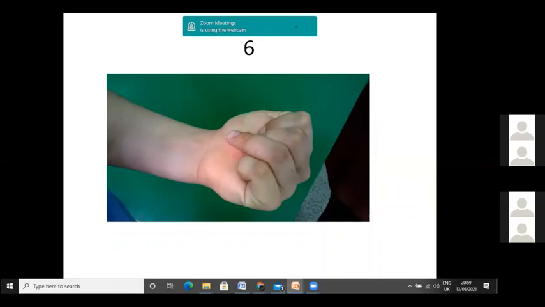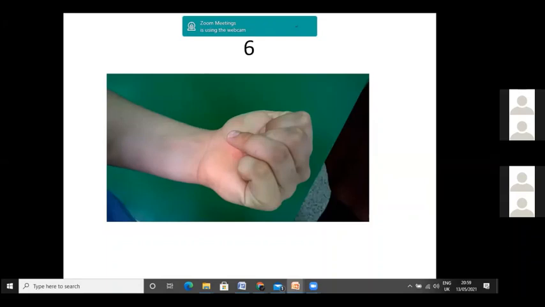Third finger. Which one? Sukesh, I can't hear you. Which is the longest finger of the five fingers of your hand? Difficult question.